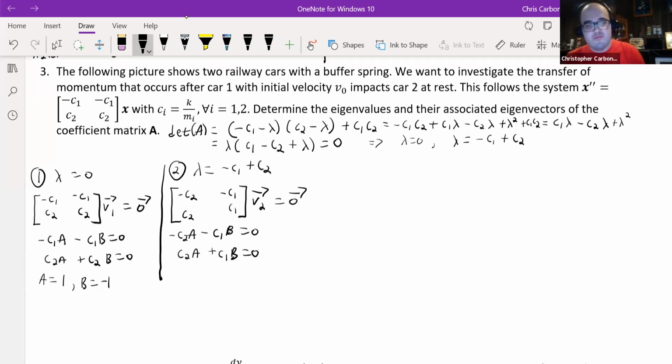If we factor a negative in this first equation, we get the same exact equation back.